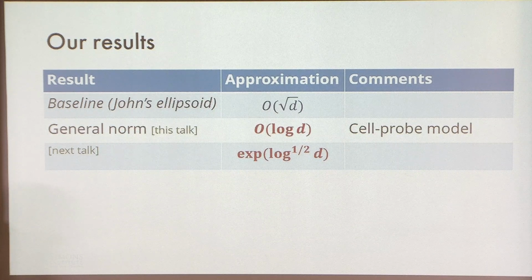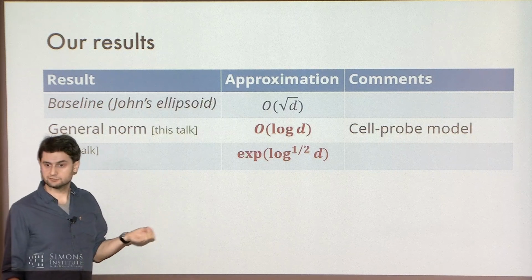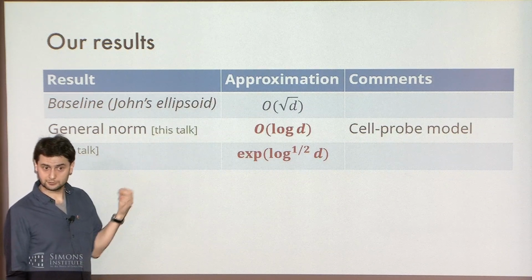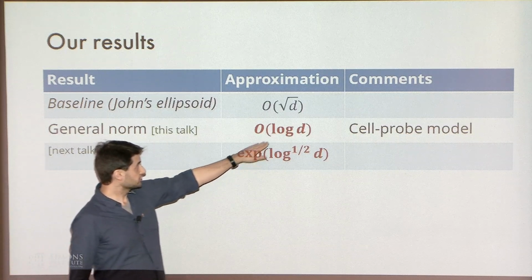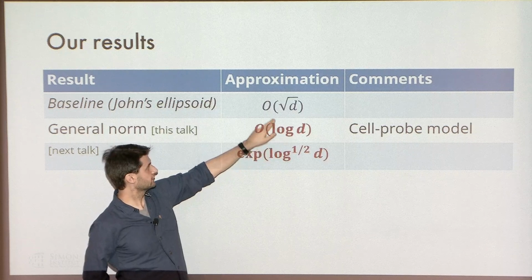Our paper shows that for any general norm, any norm defined on a d-dimensional real space, we can get approximate nearest neighbor search with the same space and query time, n^(1+epsilon) space and n^epsilon query time, which achieves approximation order log d, an exponential improvement from this result.